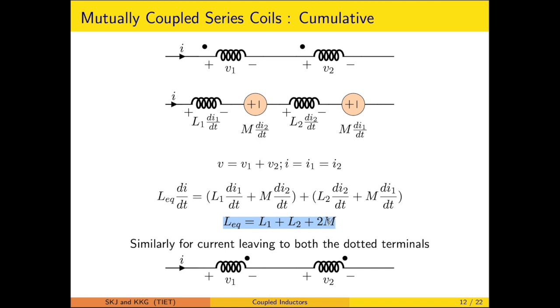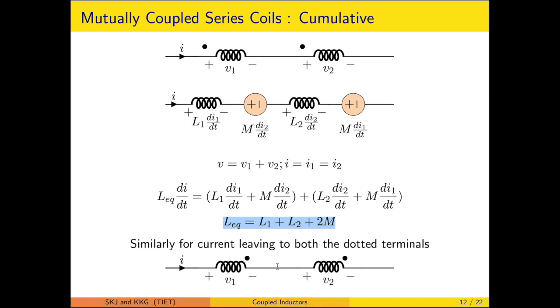This 2M is the factor because of the induced EMF in the second coil due to the rate of change of current in the first, and the induced EMF in the first because of the changing current in the second.